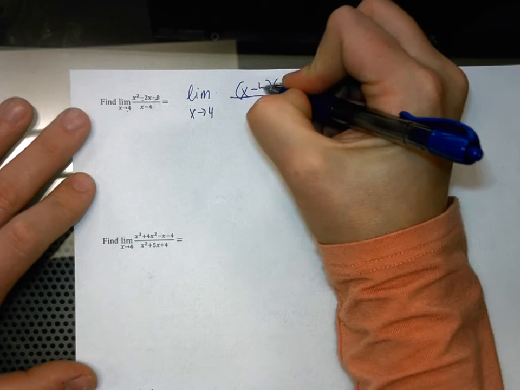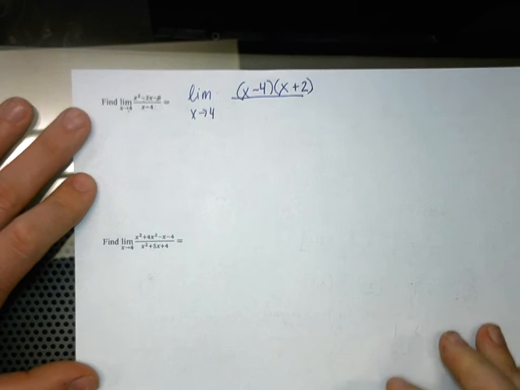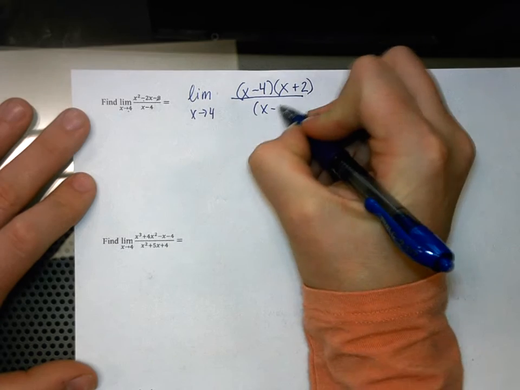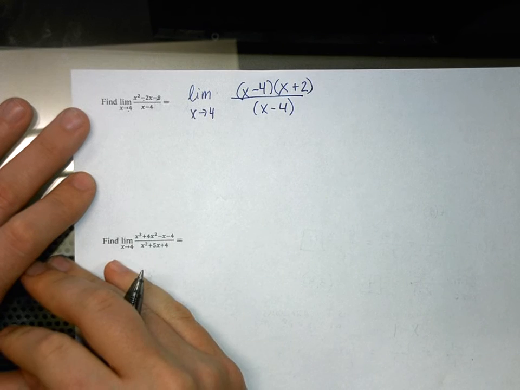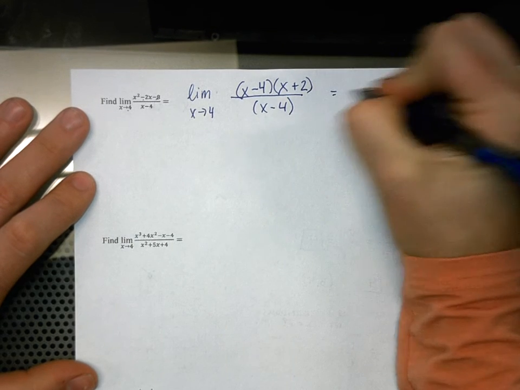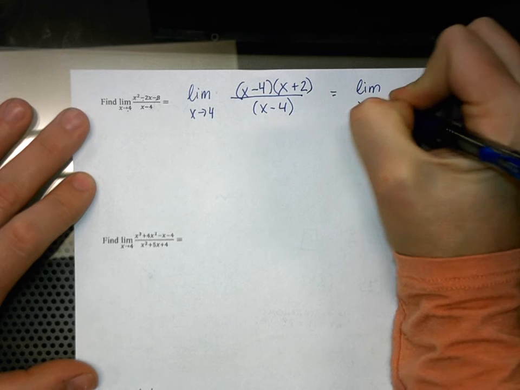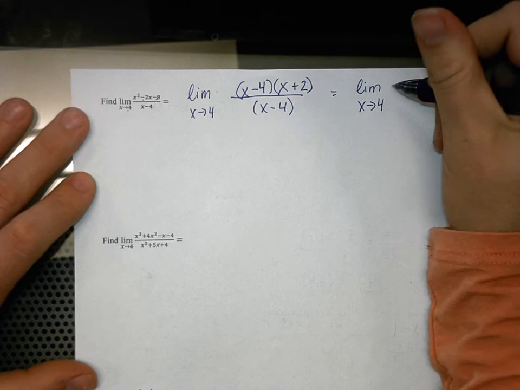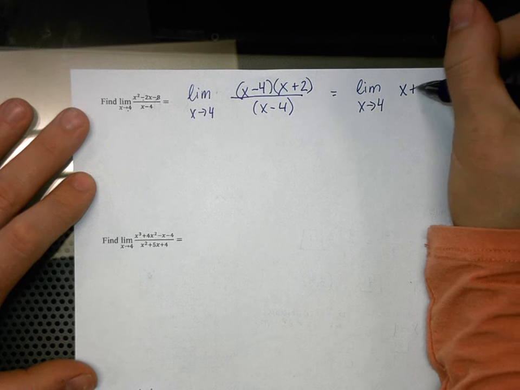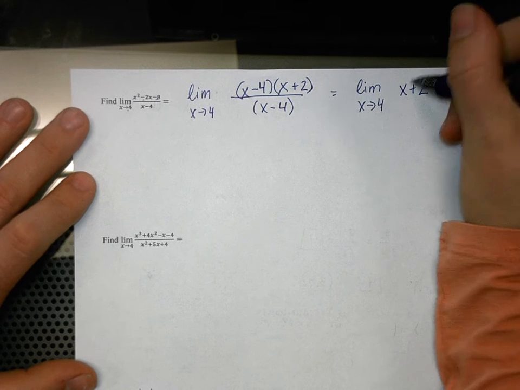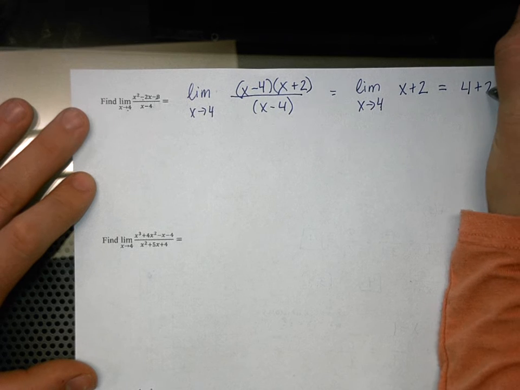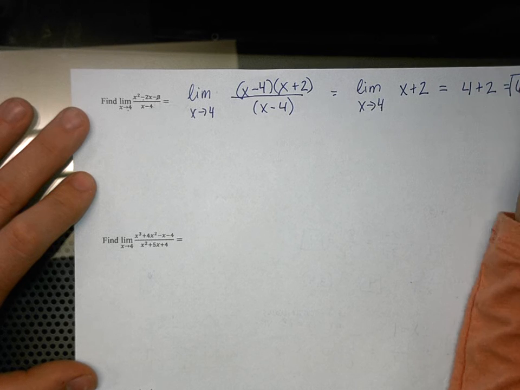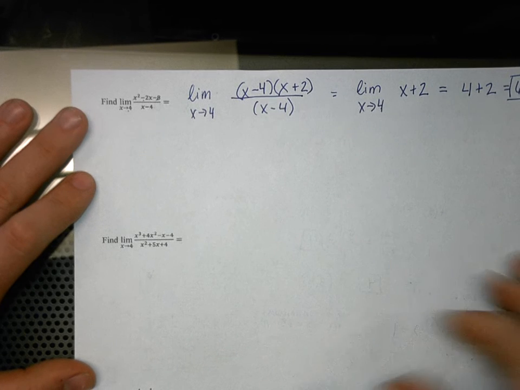That's negative 4 and positive 2. And then my denominator is x minus 4. So then those x minus 4s are going to reduce, and my limit as x approaches 4 is now of x plus 2. So I'm going to plug in 4 to get 6. So my limit is 6.